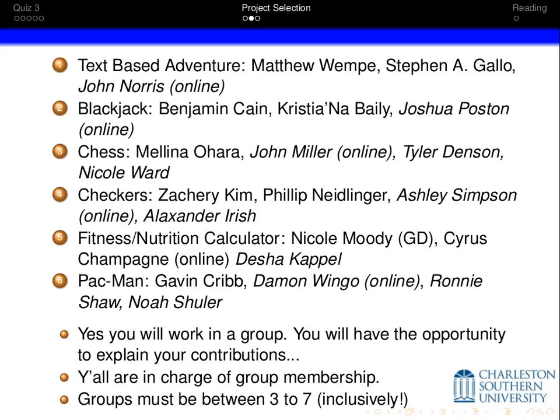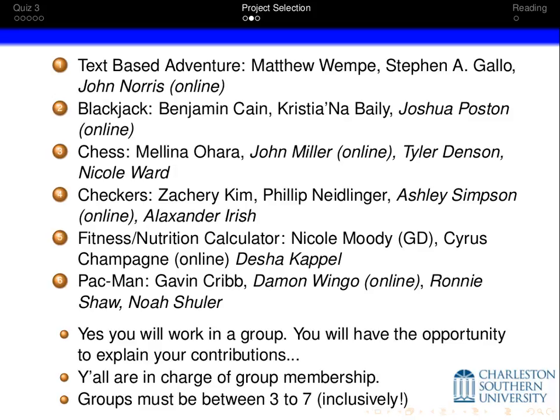Okay, so if you want to change, go ahead and speak up now. Otherwise, just figure it out later. So we have text-based, blackjack, chess, checkers, fitness/nutrition calculator, and Pac-Man. The idea is that you want to have one online student per project. I know that there may be some changes, so I will allow 2 on each project, but no more than 2 online per each project.